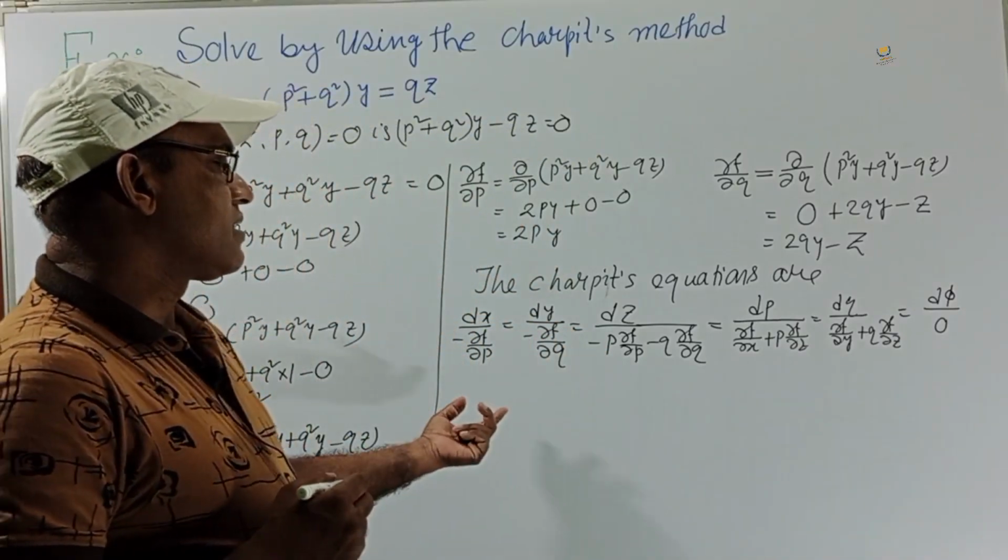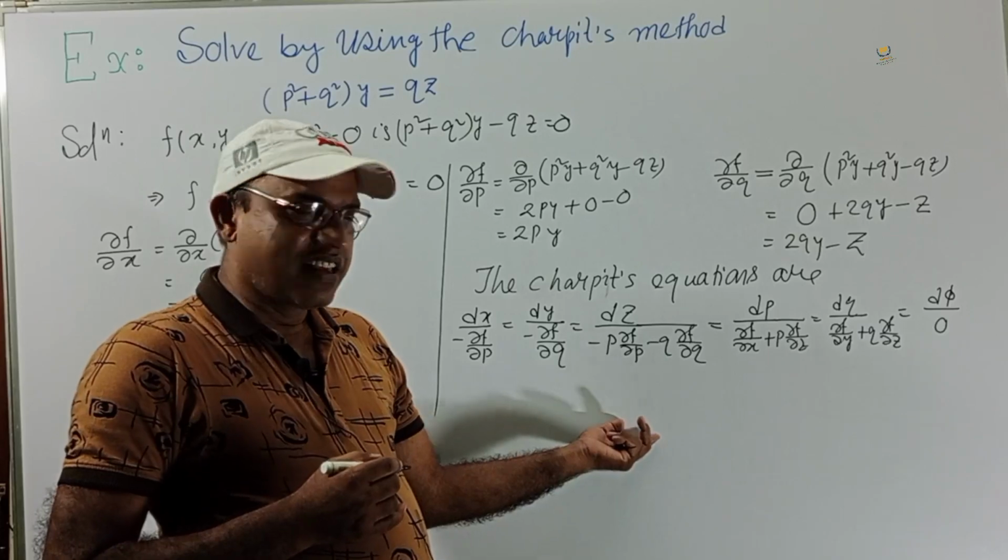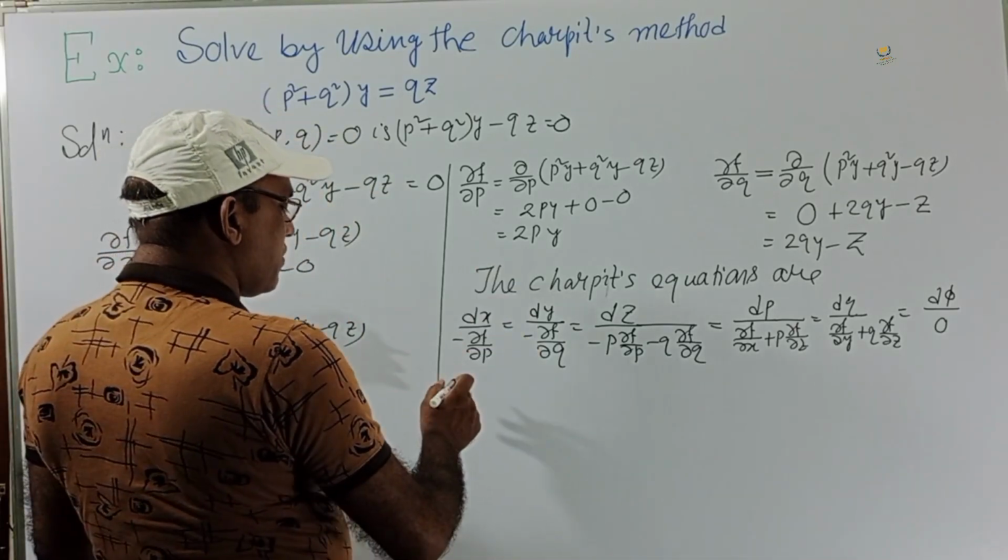This is our Charpit's equation. You have to learn this equation by heart, otherwise it is not possible to solve.